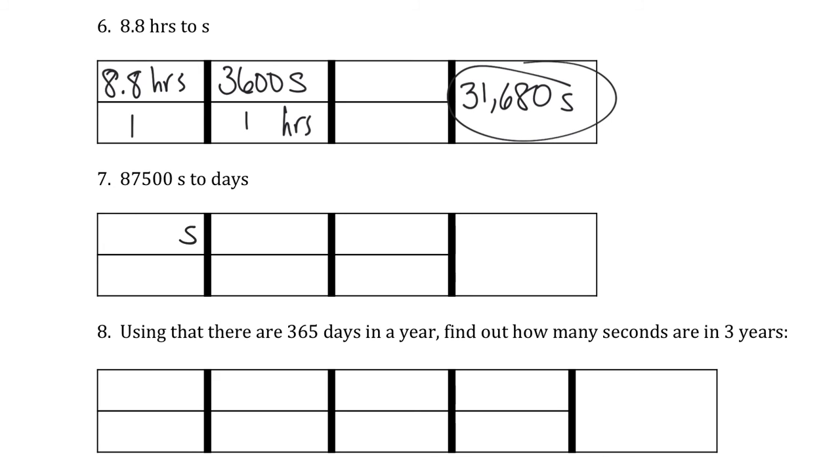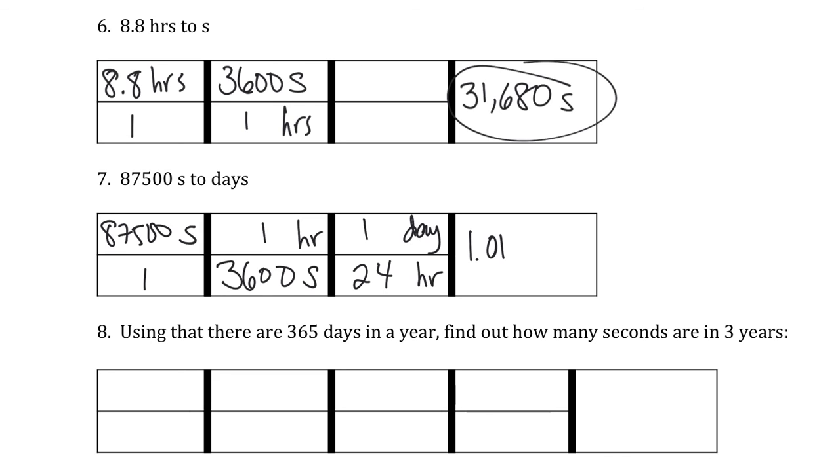We're going to go seconds to hours and hours to days. So 1 day is 24 hours, 3,600 seconds in an hour, and there's our starting number. So again, this is one of those where you have to be careful about how you're putting it in your calculator. And we will get 1.01 days.